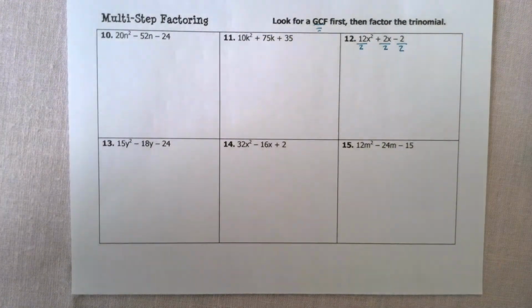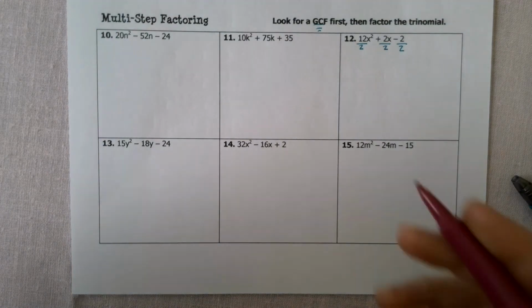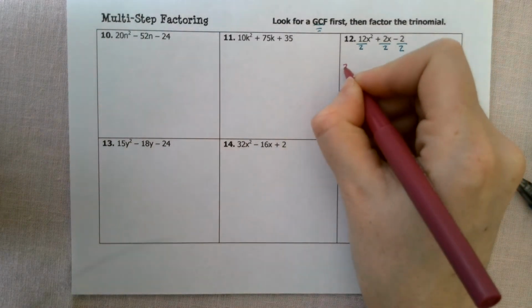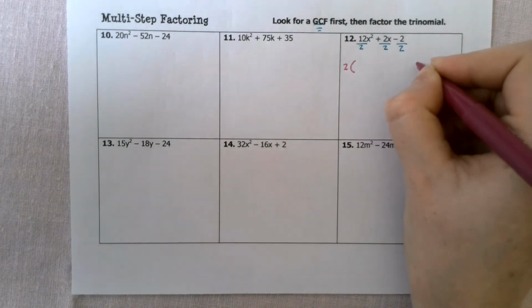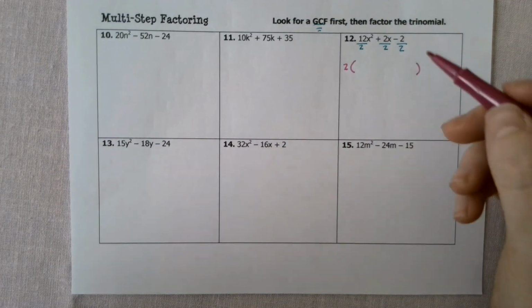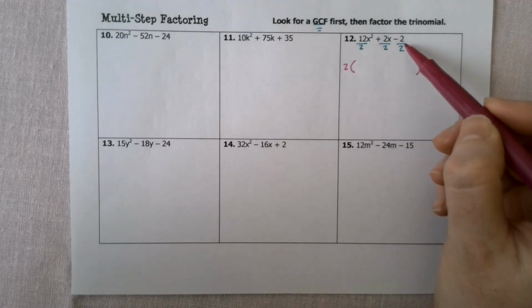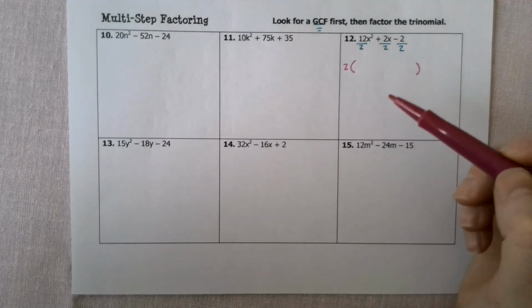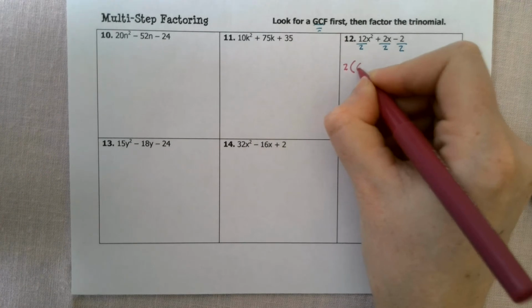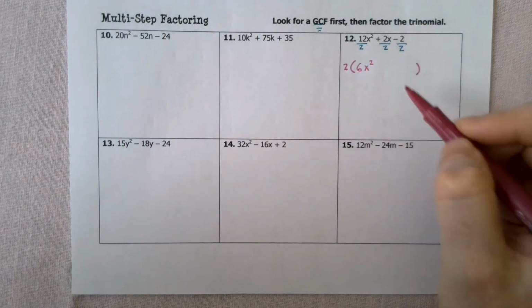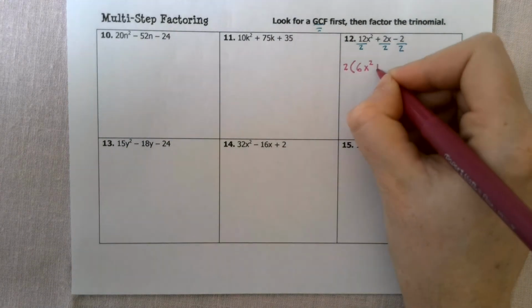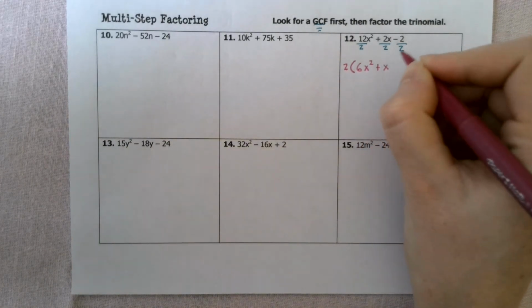And we are going to write down what we divide by right here. And then we're going to draw a really big parentheses. And we are going to divide each of our terms by 2. So 12 divided by 2 will give us 6 and bring down the x squared. 2 divided by 2 will give us 1 and bring down your x.